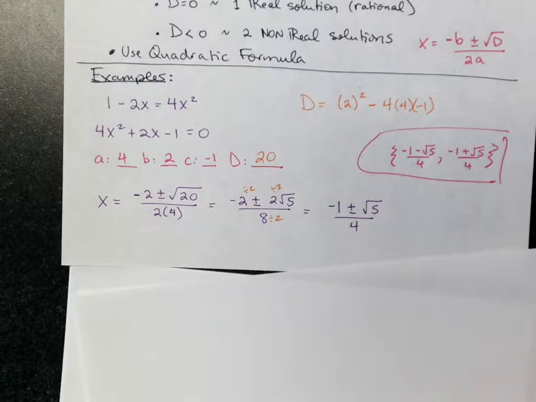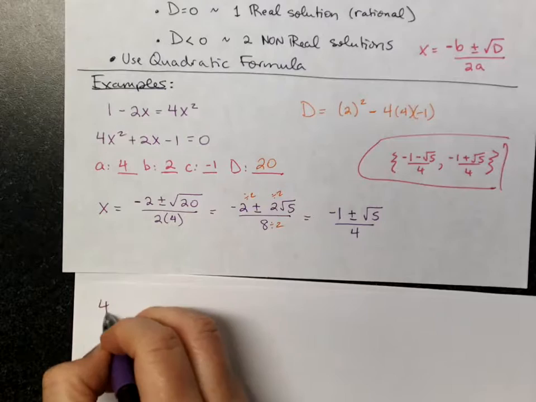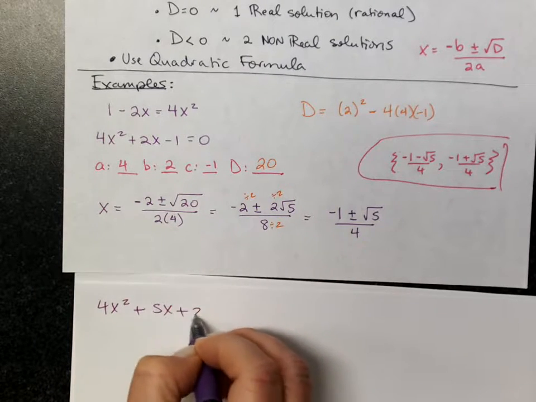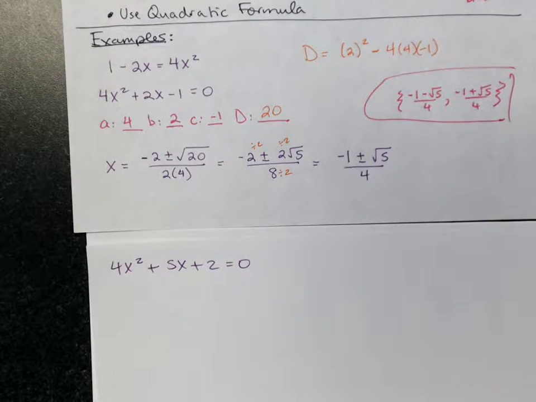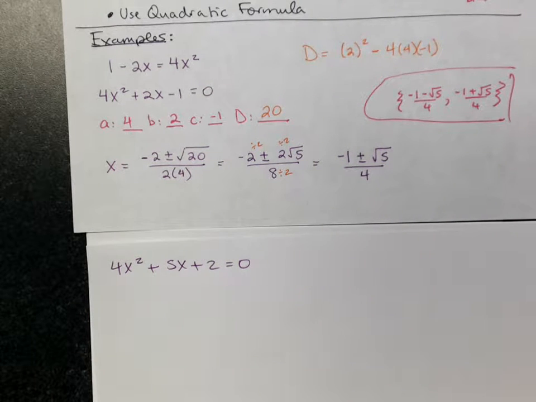4x squared plus 5x plus 2 equals 0. That one's already in standard form. Just check, no fractions.